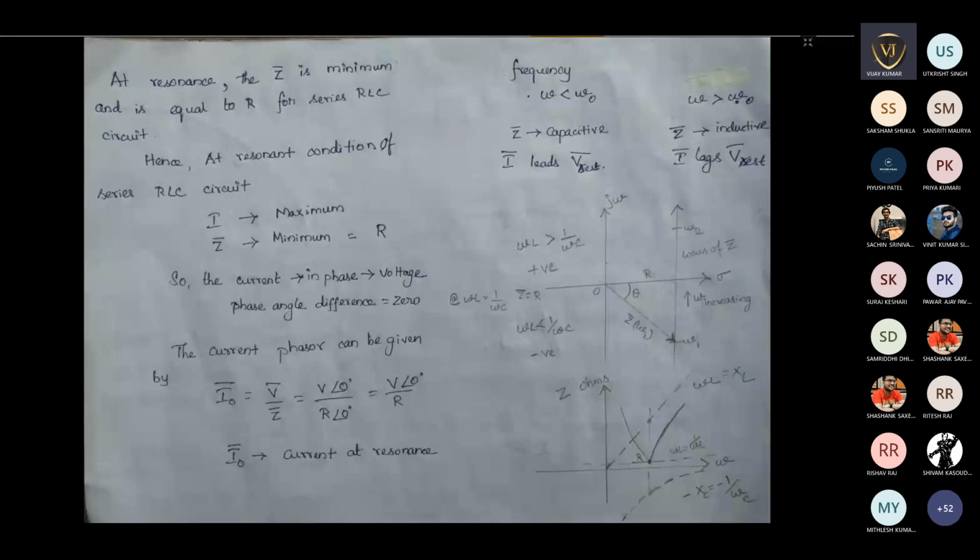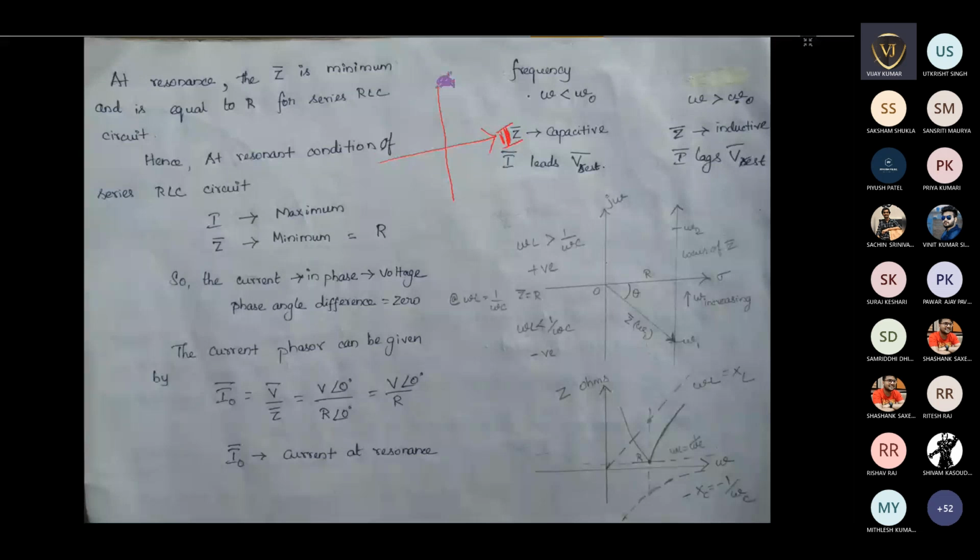So let us proceed. Whatever I had explained before, I have plotted it here. We have seen already in the phasor diagram, for series RLC circuit, we will be taking current as reference because the current is constant for the circuit and the voltage is changing.